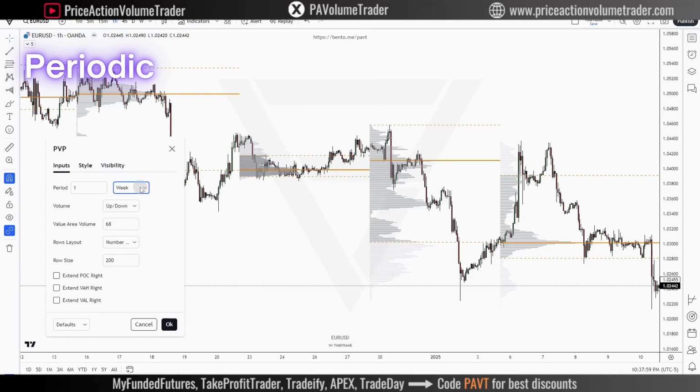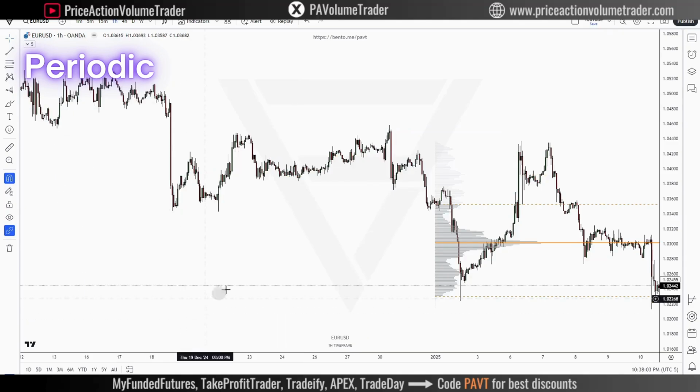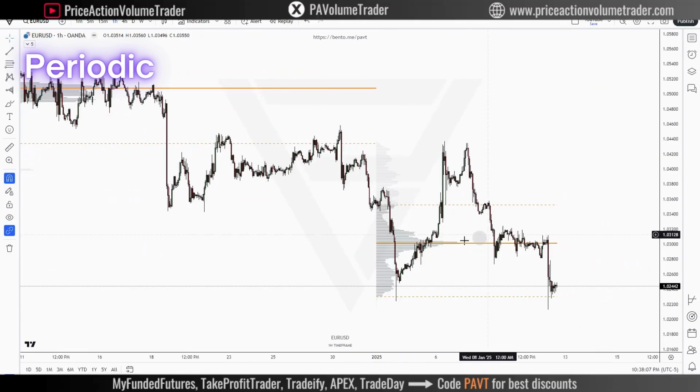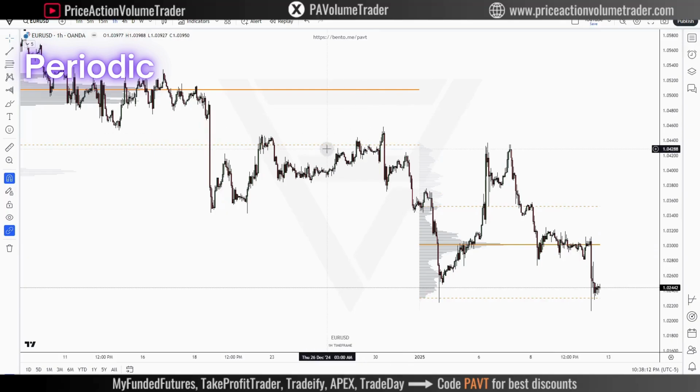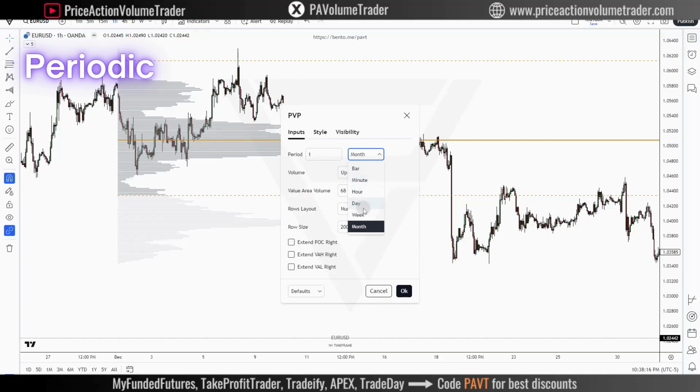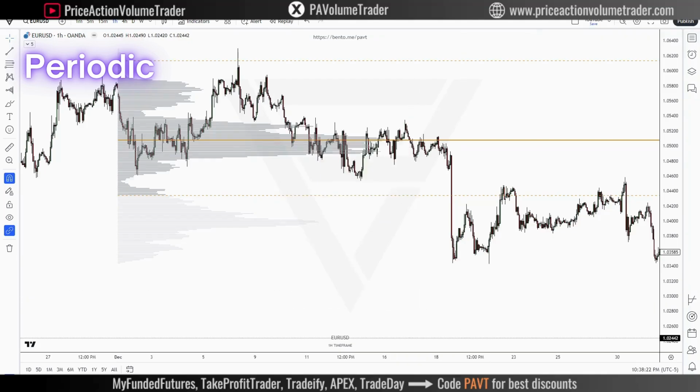You can change this and put monthly, and now you have a profile for the entire month. This one is January, that is still underway. So the periodic volume profile simply lets you split up the profiles in whatever set periods you want.